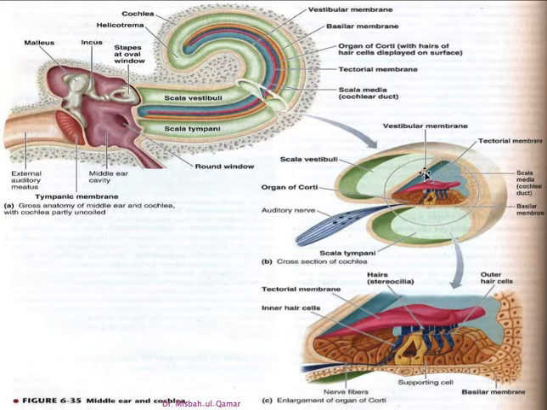So this scala media is basically a triangular compartment, and this triangular compartment is enclosed by the basilar membrane and the vestibular membrane, right? And this compartment ends blindly at the apex and at the base of the cochlea. It does not communicate with the scala tympani or scala vestibuli physically, right?